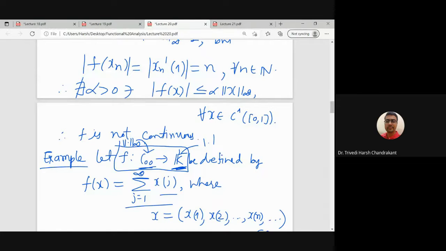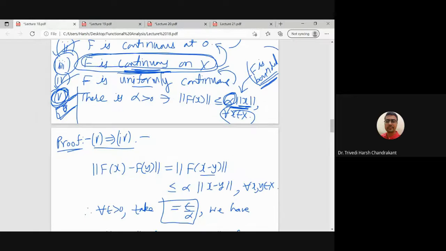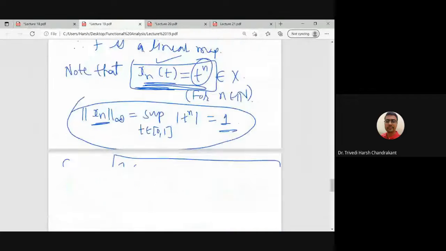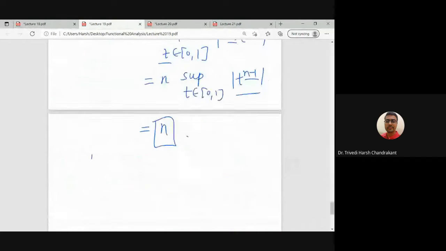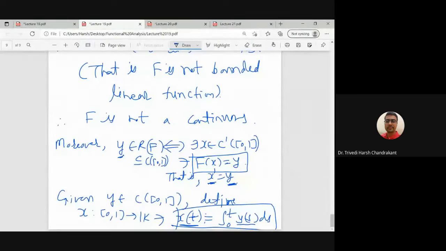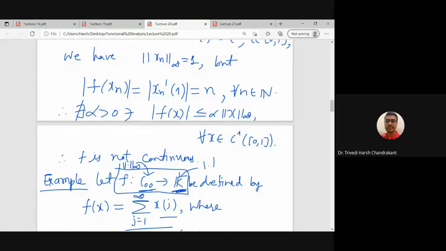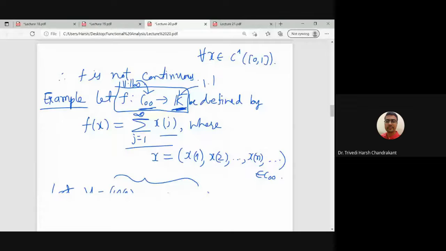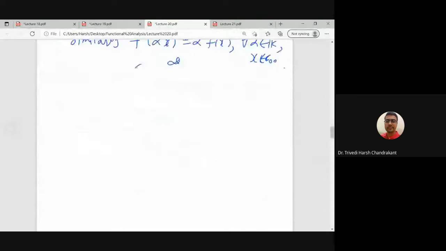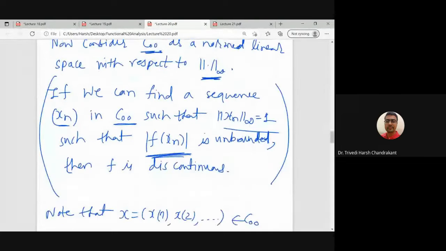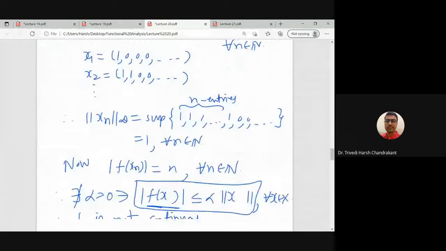So that is the reason why, instead of writing norm of f of x less than or equal to alpha times norm of x, I have written modulus of f of x is less than or equal to alpha times the supremum norm of x. So you should remember when we take modulus and when we take norm.